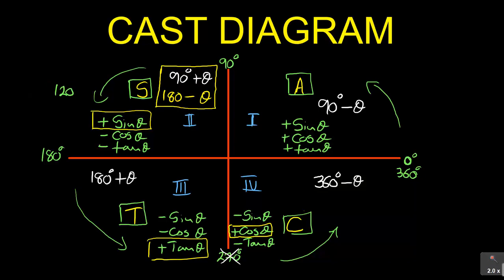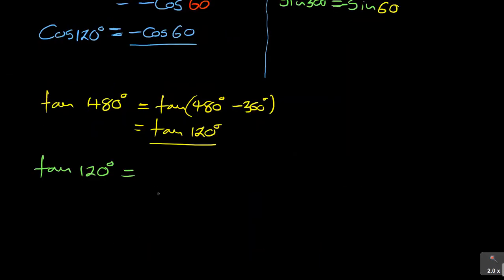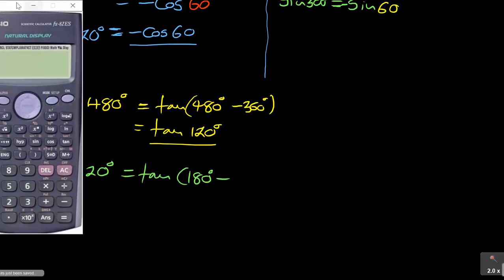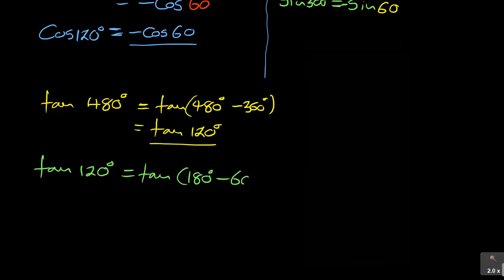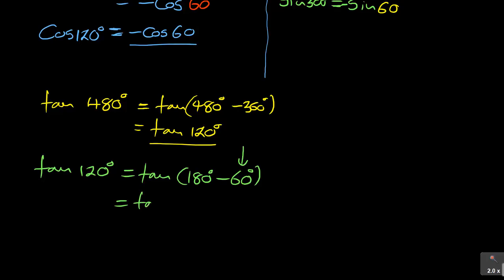So this is the same as tan of 180 minus, now your theta is 180 minus 120, which is 60 degrees. And when you reduce it, you write that particular angle as the final, which is 60 degrees.